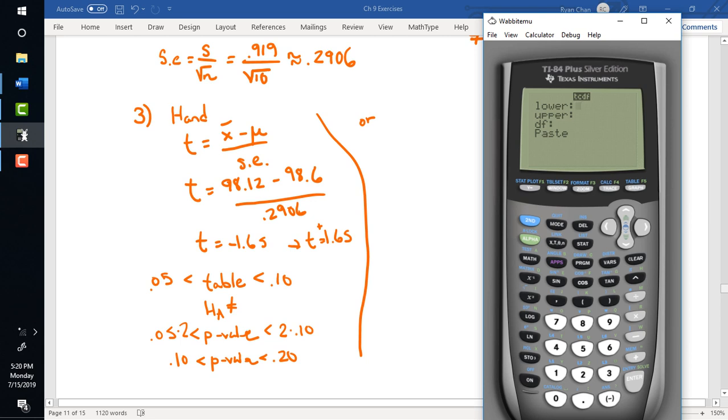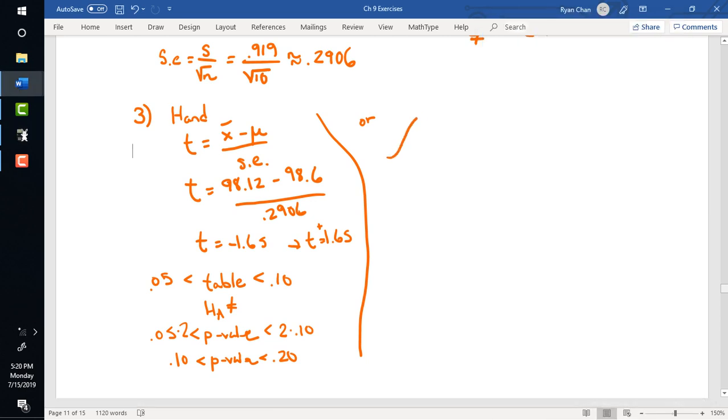So let's talk about what that means, right? Remember, this is still a normal distribution curve. So what goes in the center? It is going to be 98.6, because that's in the center here. And then 98.12 is like right here. So we're actually going like this. That's what we're doing here.